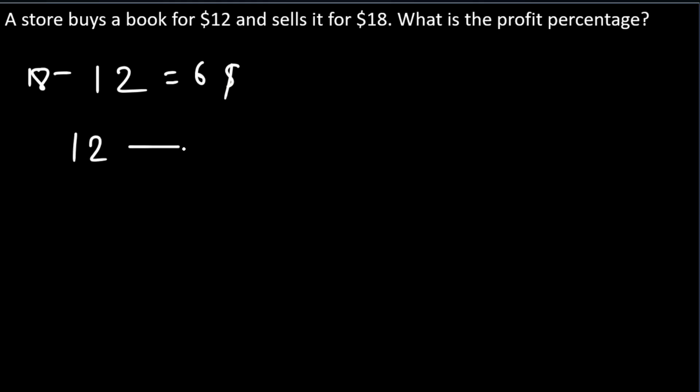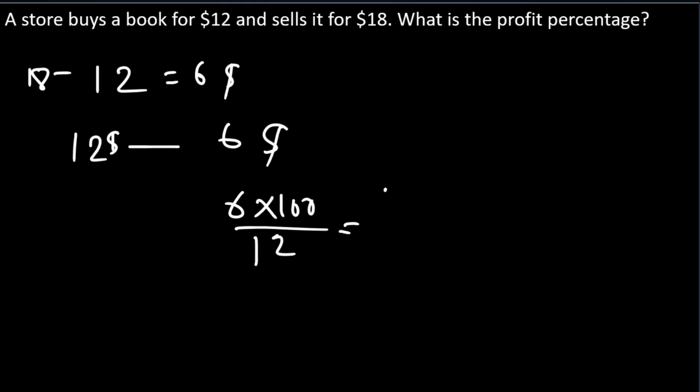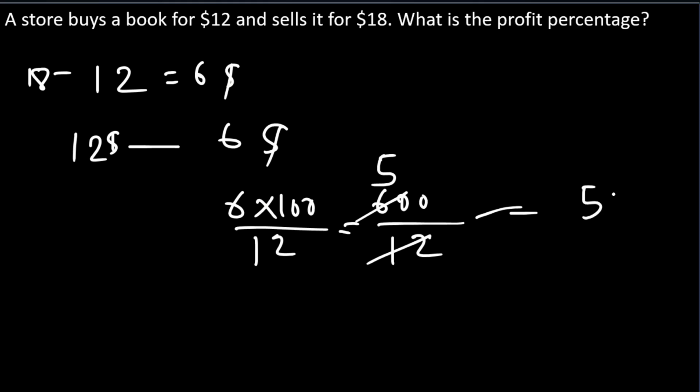So for a $12 book the profit is $6, and it's 6 times 100 over 12. So it's 600 over 12. Now 12 goes into 60, 5 times. So it's a 50% profit.